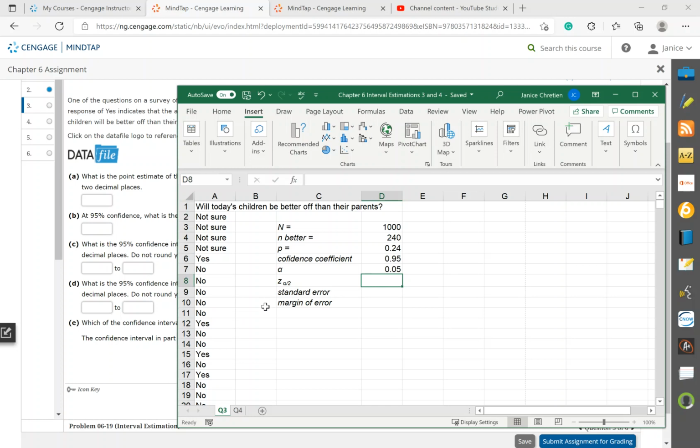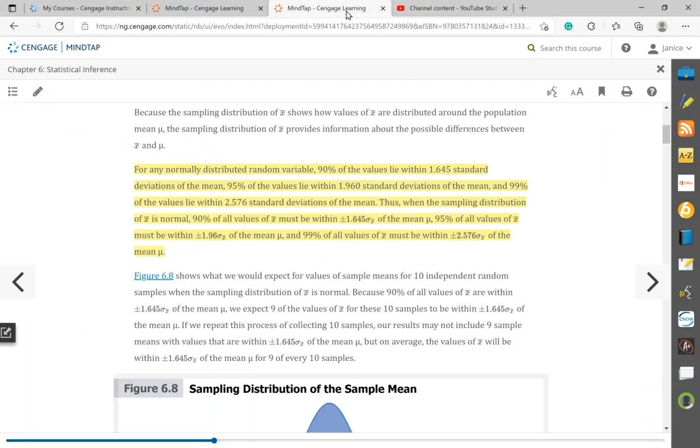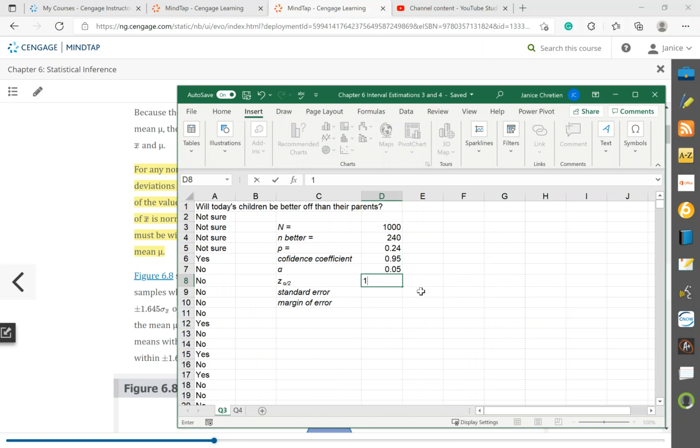And remember, for my z, at 95%, my z is 1.96. So I can put 1.96 in there.